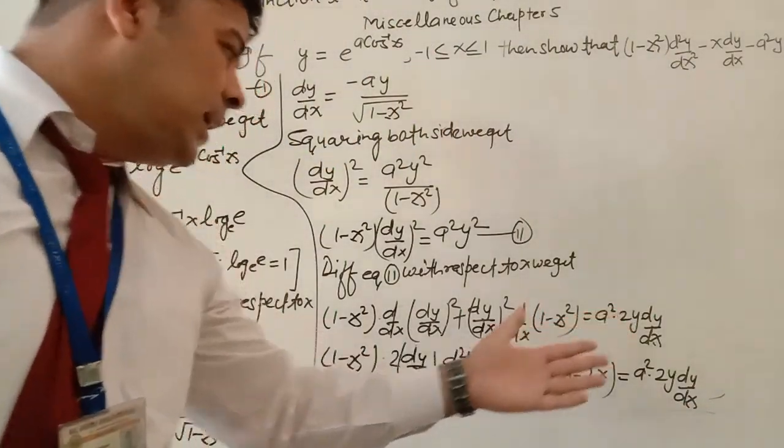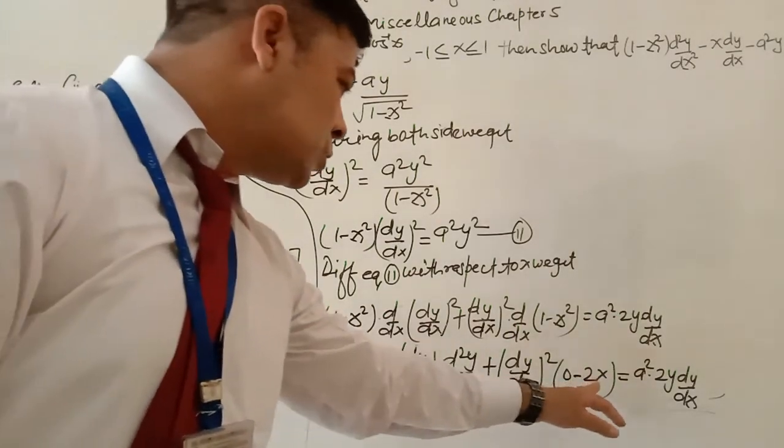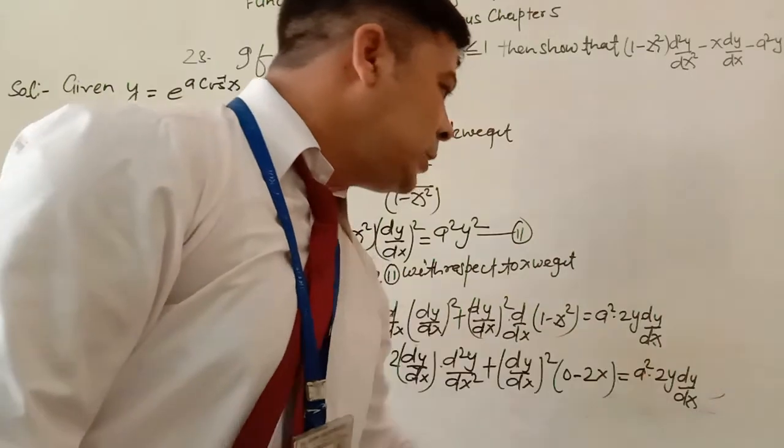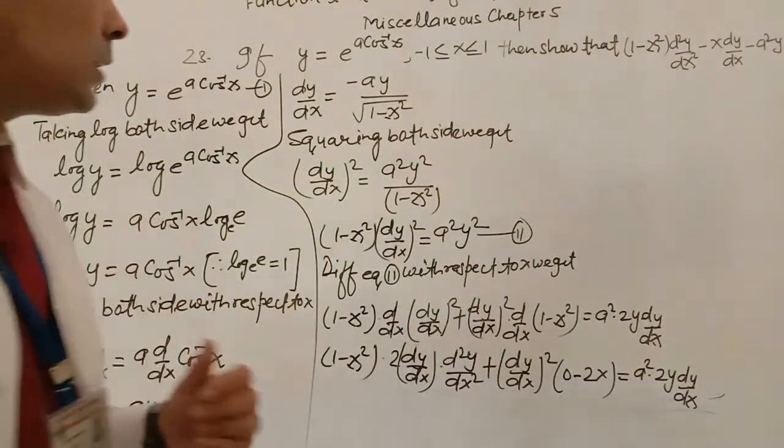If you see there, 2 dy upon dx is common from all terms.